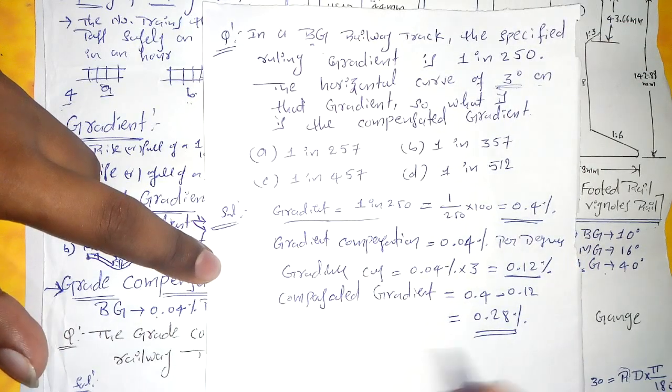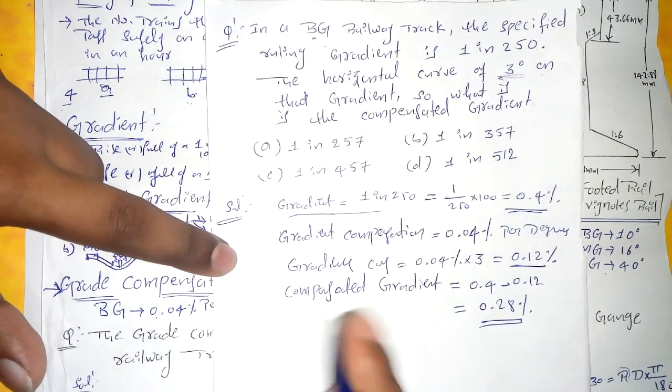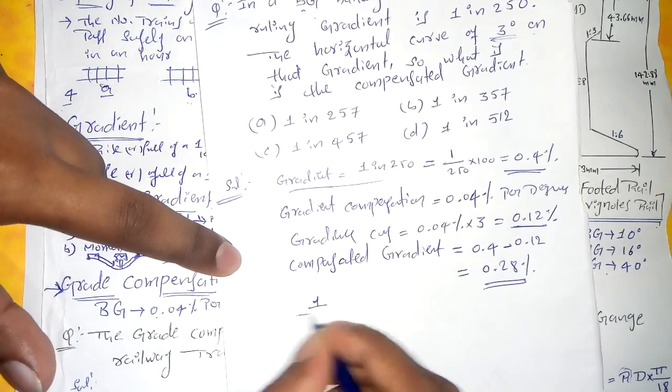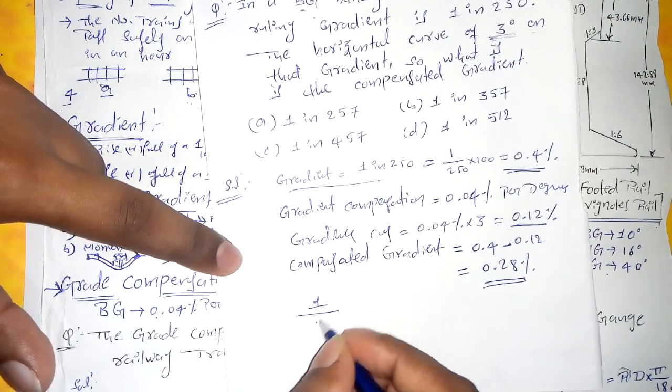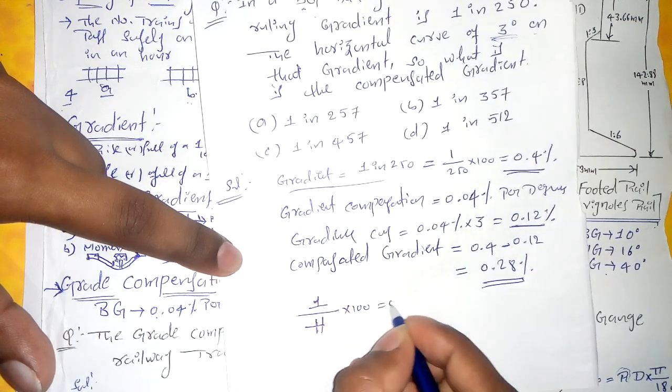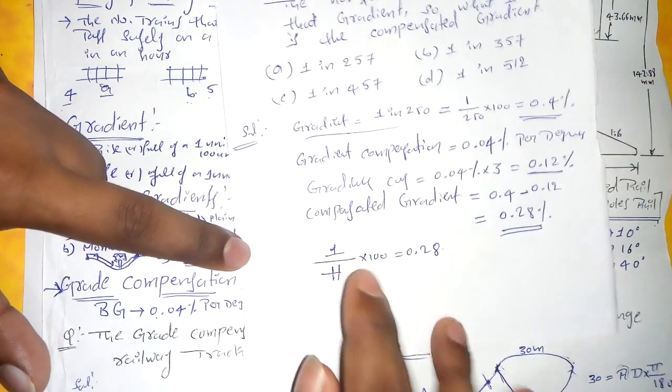So you need to convert this percentage into a ratio. So here 1 unit of vertical to the horizontal distance H, into 100, equal to 0.28%.